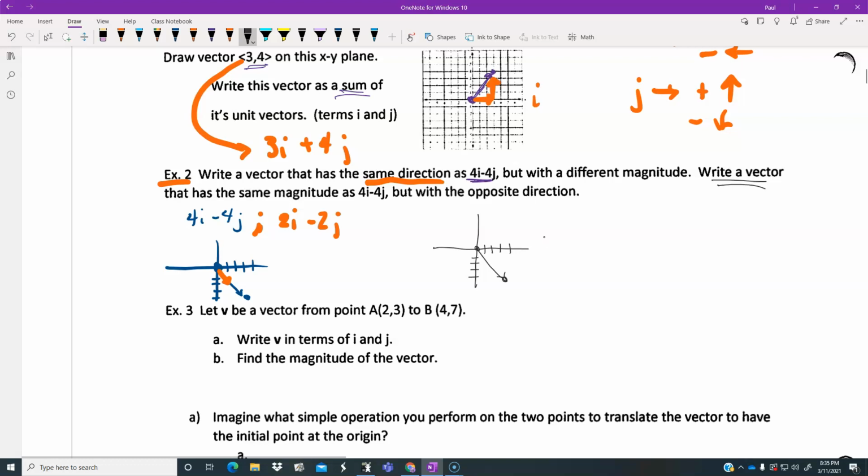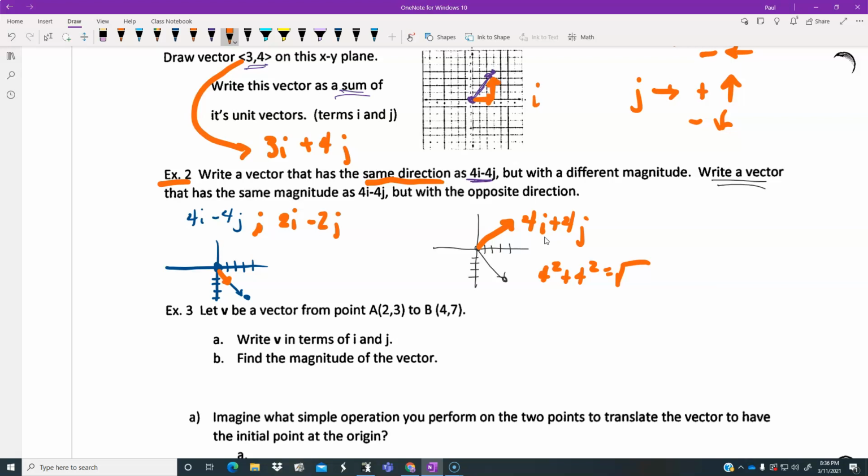Well, I could pick a vector that's going in a completely different direction, but with the same amount of magnitude. So maybe an answer could be 4i plus 4j. It may be in the 1st quadrant, but it still has exactly the same magnitude because 4 squared plus 4 squared still boils down to the same square root, regardless if it was positive or negative.